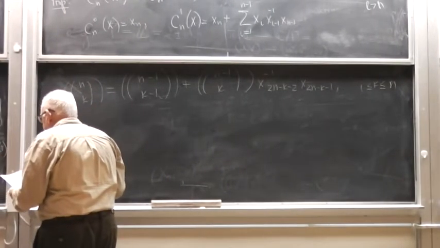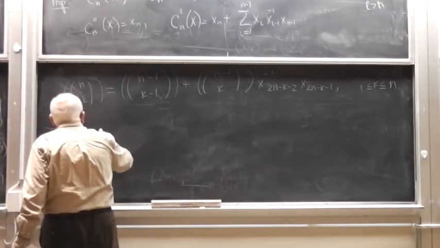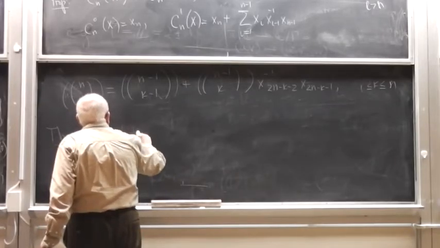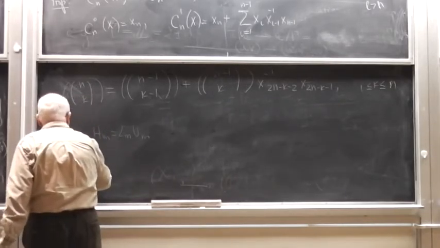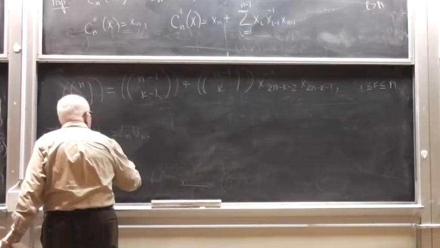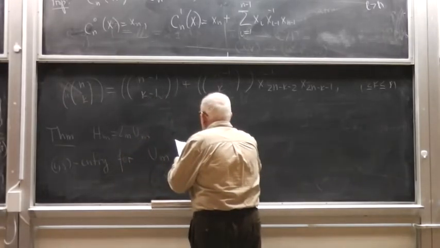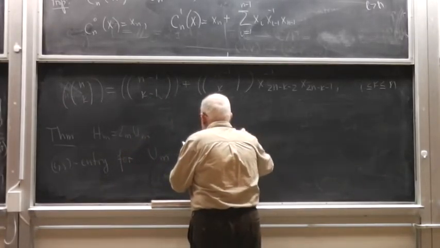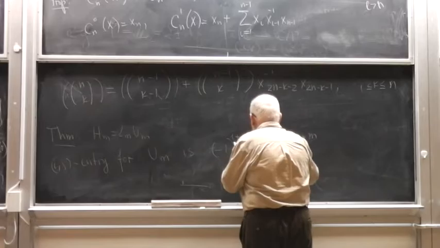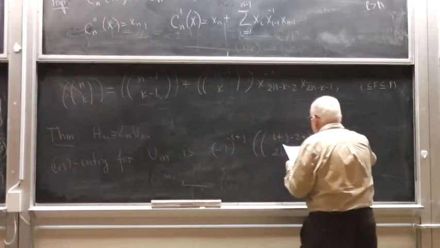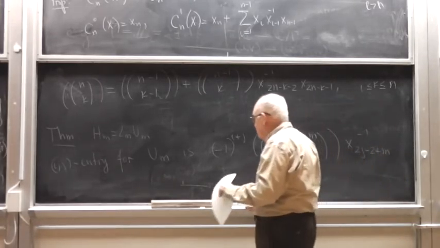And now I will finish with the theorem. So I have HM LM to M, and then the ij entry for it is -1 if I plus j, I plus j minus 2 plus m to I minus 2 plus m x2j minus 2 plus m minus 1.